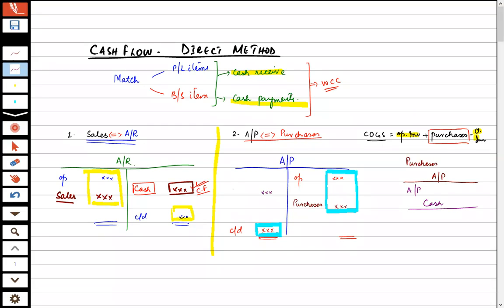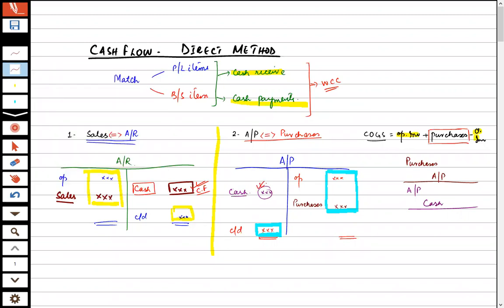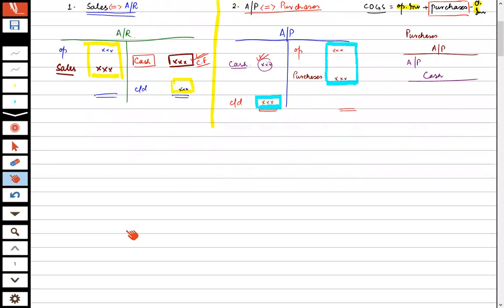So here accounts payable is being debited because of the cash payment, and therefore this amount will be reflected in the cash flow statement as the cash paid to the creditors for purchases.